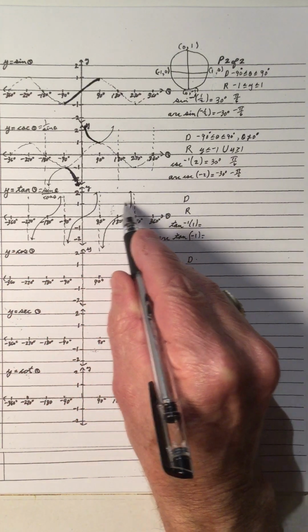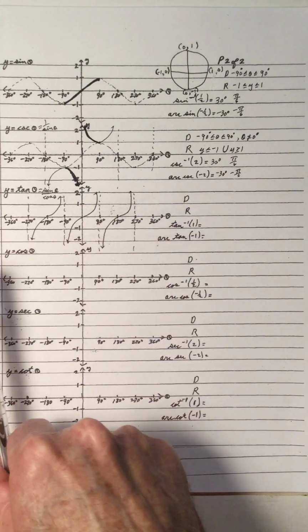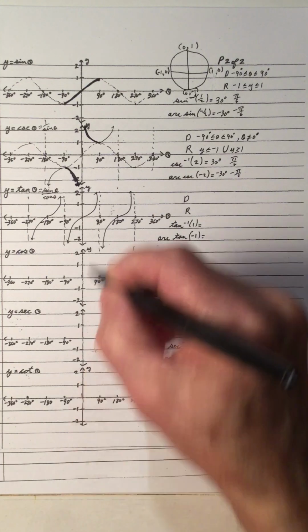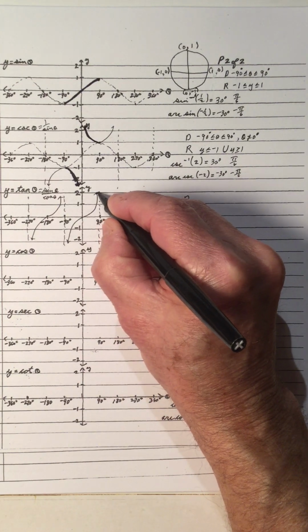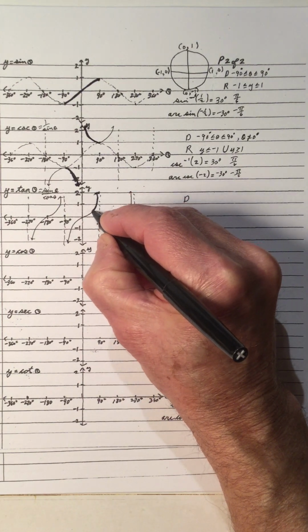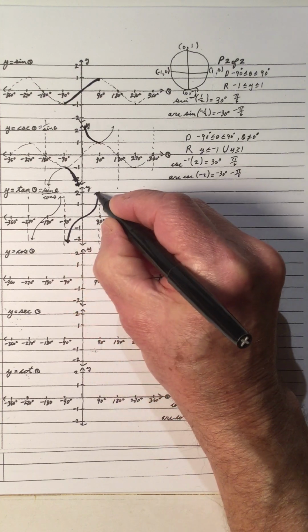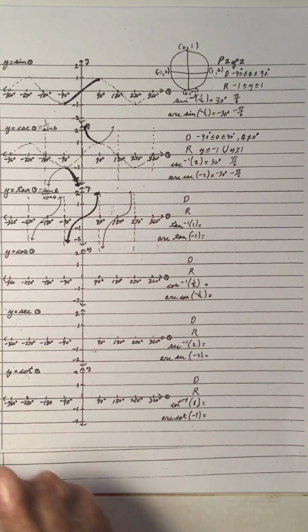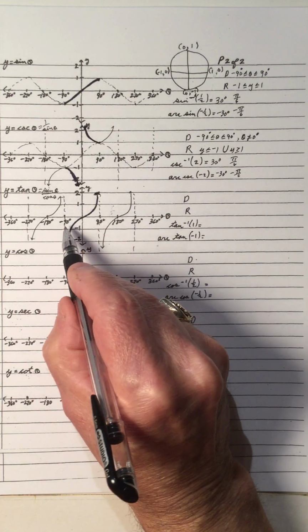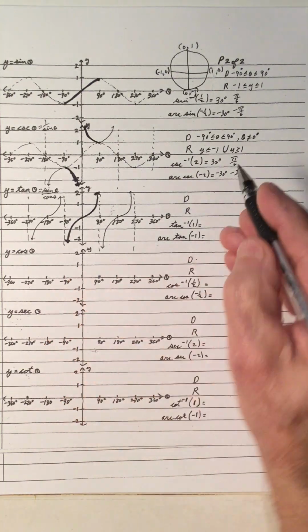The horizontal line goes through many points. So the restriction on the tan graph to do an inverse is this one right here, this piece here. And again, that restriction is from negative 90 to 90.